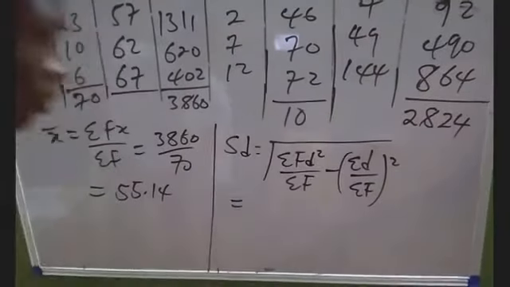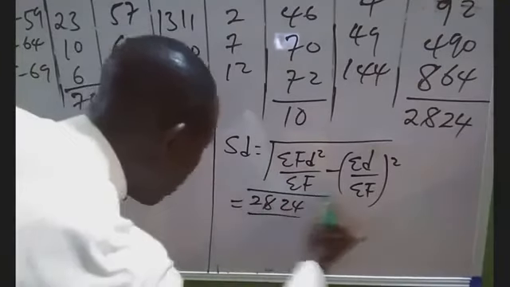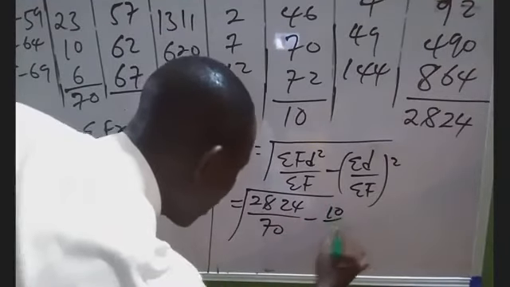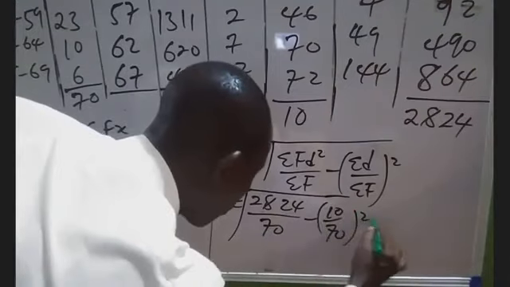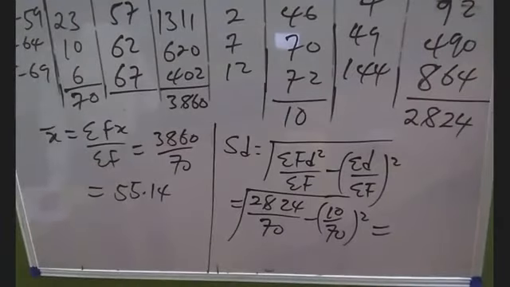So this will give me the square root of 2824 over 70 minus 10 over 70, all squared. If you solve this very well, the final answer here will be 40. Final answer is the square root of 40.